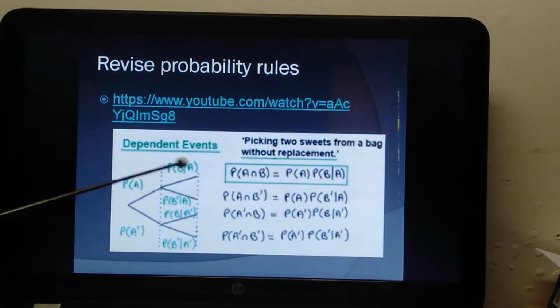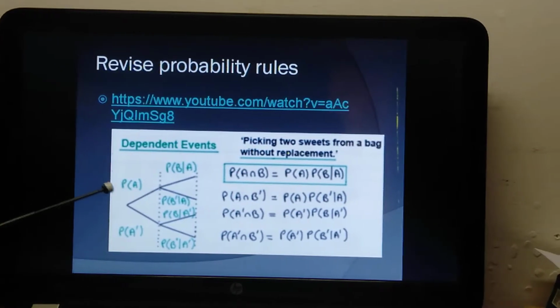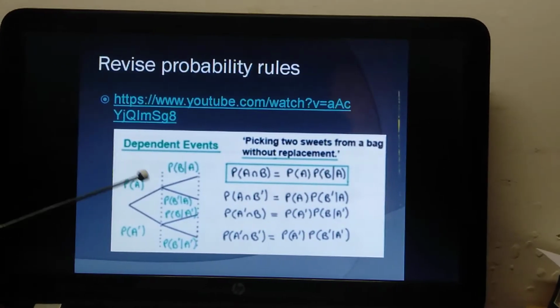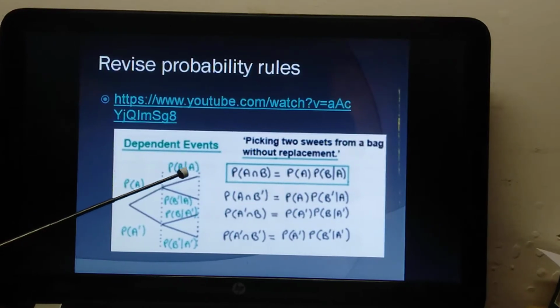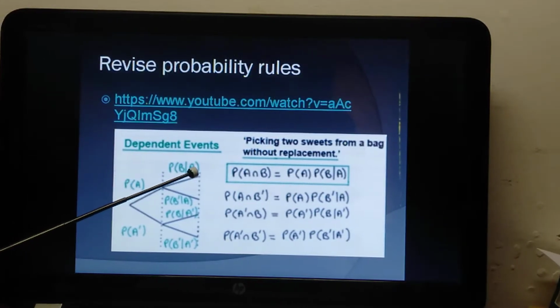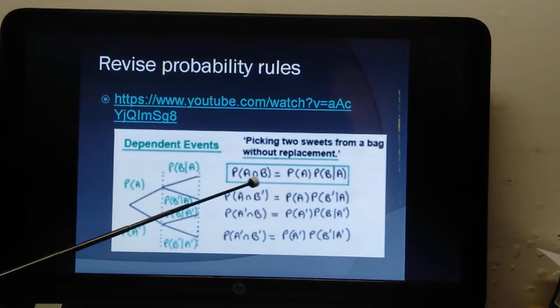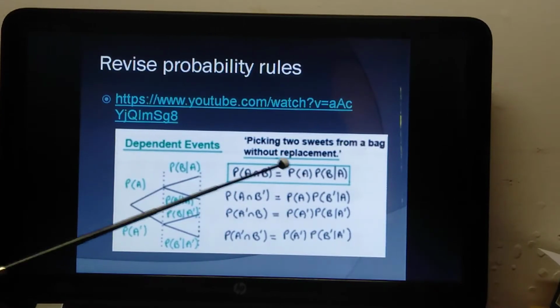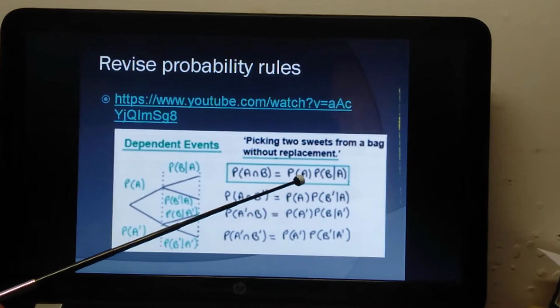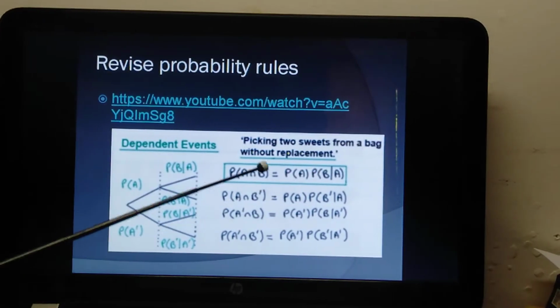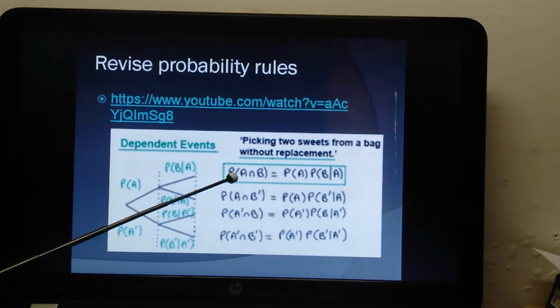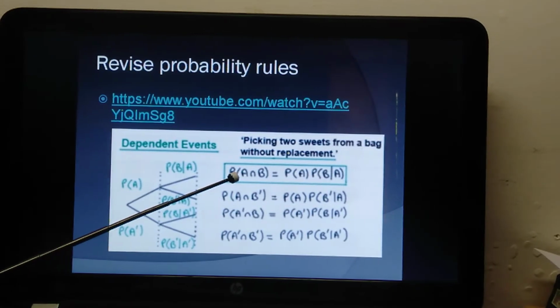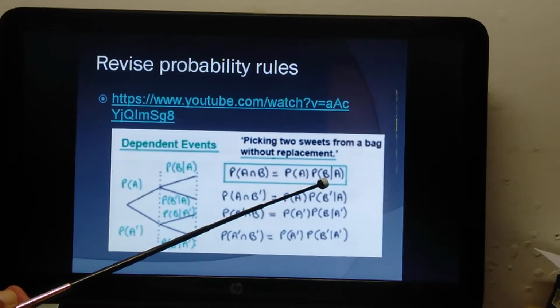So the probability of A and B is probability of A into probability of B given A. So that is given over here. The probability of A and B, or A intersection B, is equal to probability of A into probability of B given A. That means A is already picked out and then B is also being picked out.